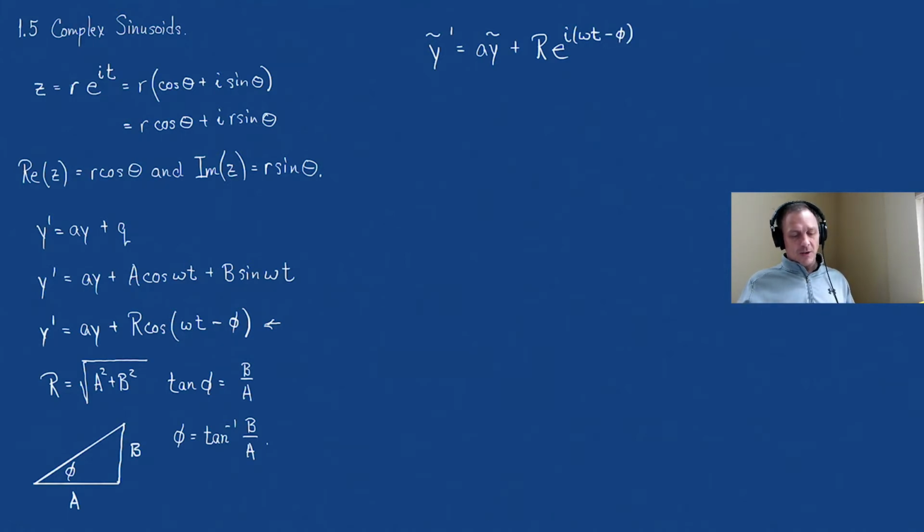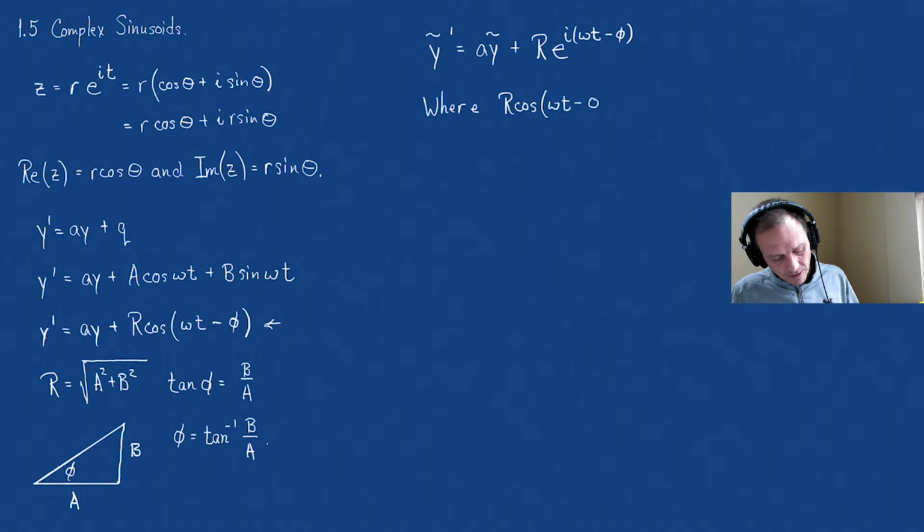We found that r cosine omega t minus phi equals the real component of e to the i omega t minus phi.